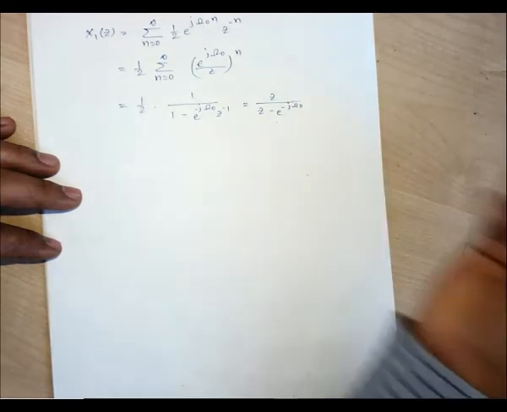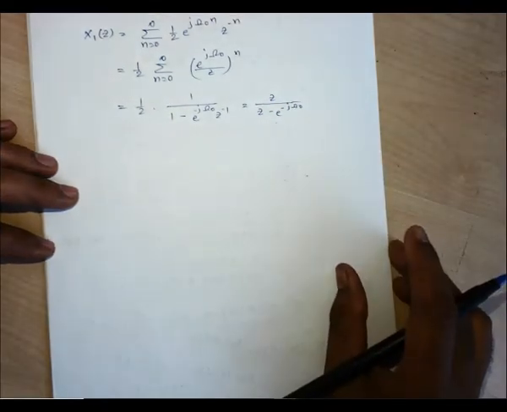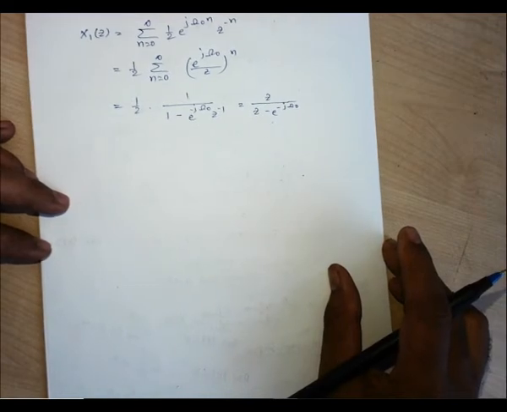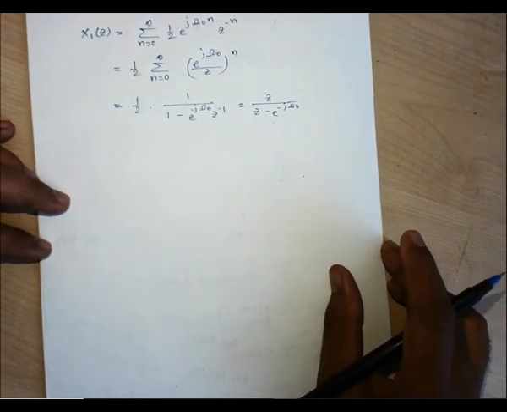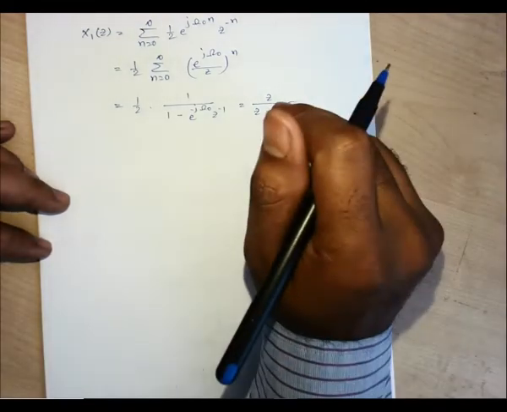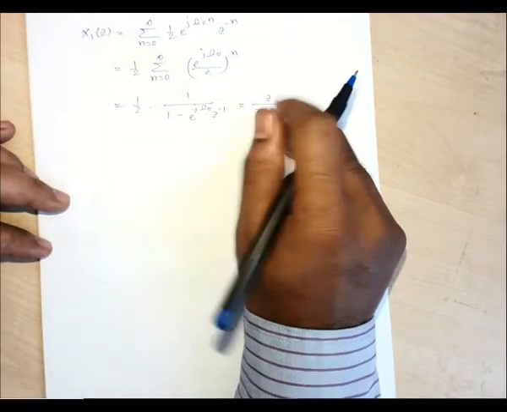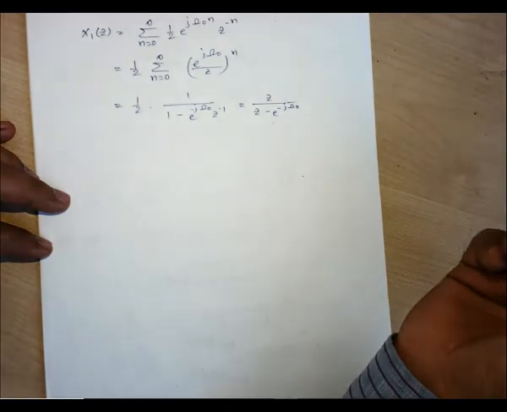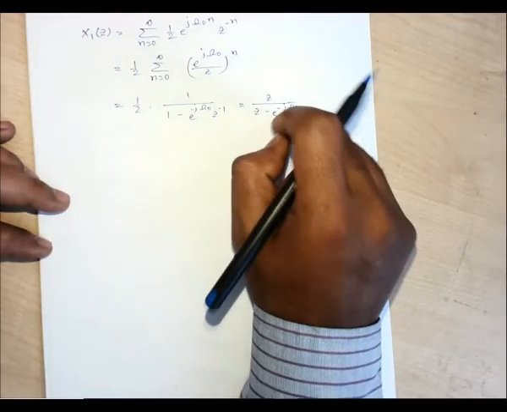Up to this clear? Or any doubt? So what does it mean? A pole exists at this location, right? So what is the location?